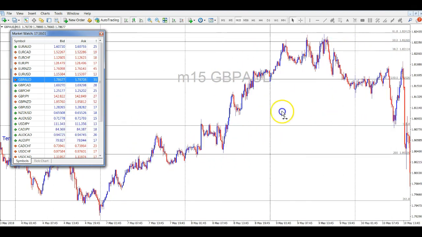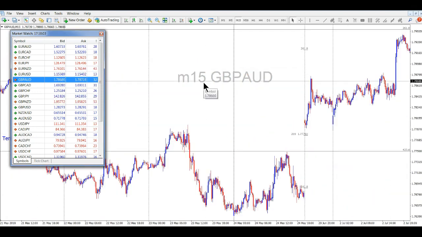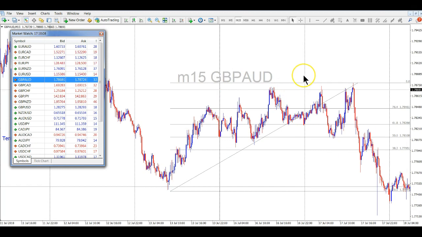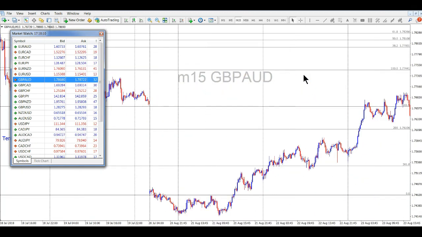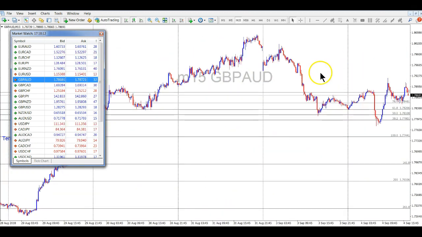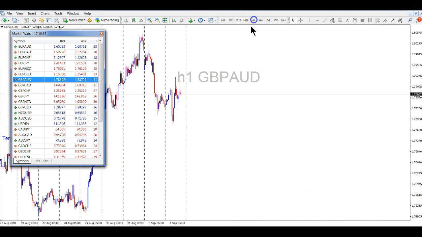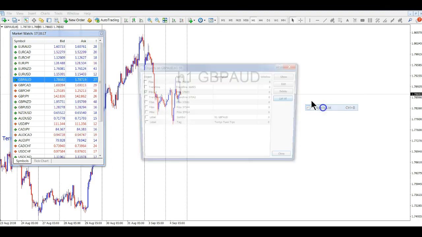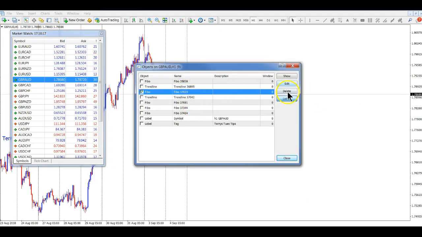So you pull your fibs, your higher time frame fibs, and you're just waiting on it to pull back. Let's draw a higher time frame fib.